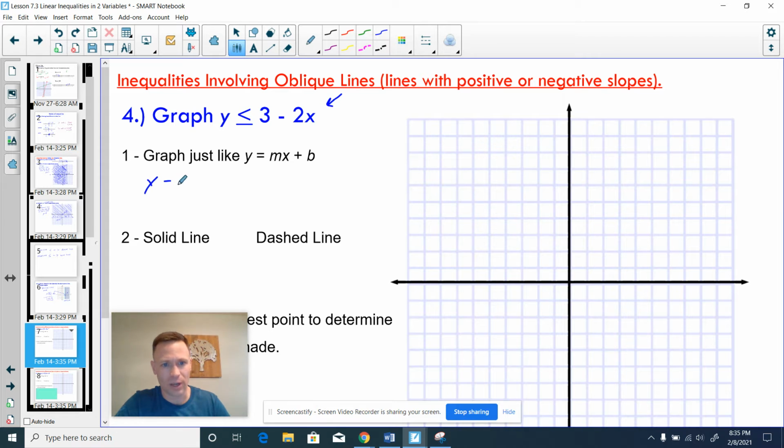So my y-intercept in this equation is (0, 3), because of that. It's not my x-intercept. My slope to get to my next point from the y-intercept is negative 2 over 1, which means I'm going to go down 2 and then to the right 1 from that.